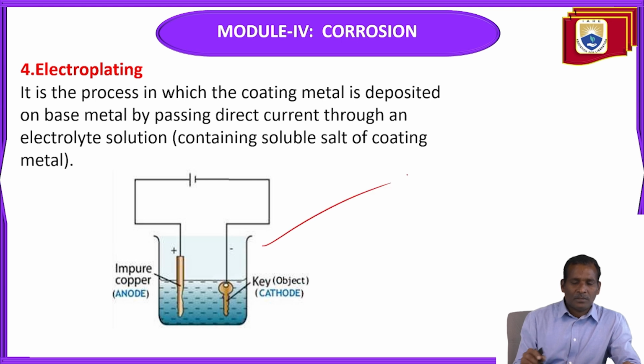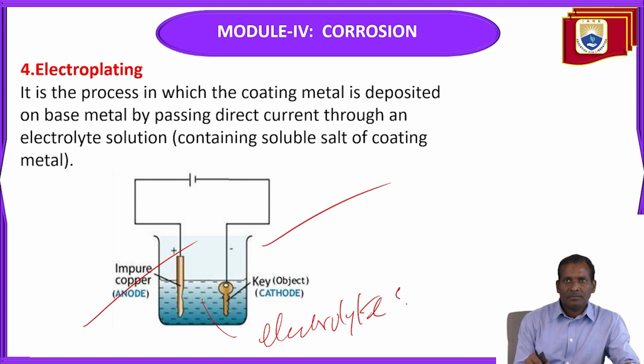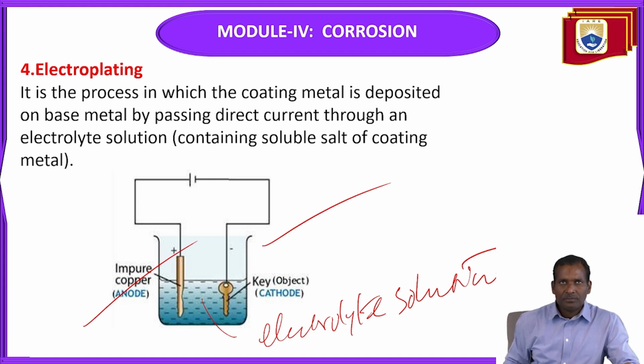Here in this figure you can see the object is the cathode and the impure copper acts as the anode. This is the electrolyte solution. The electrons flow from the anode to the cathode.